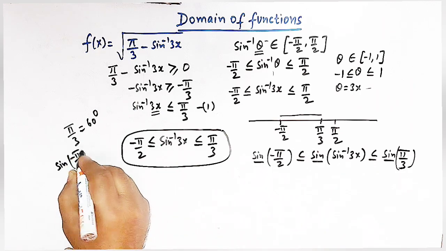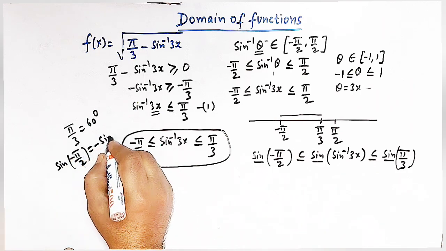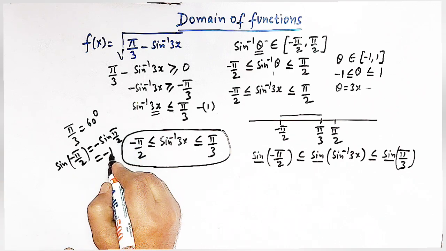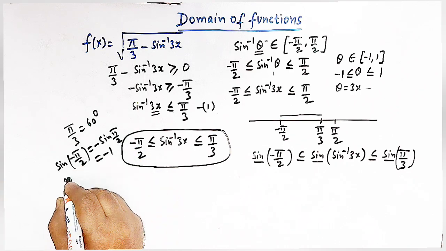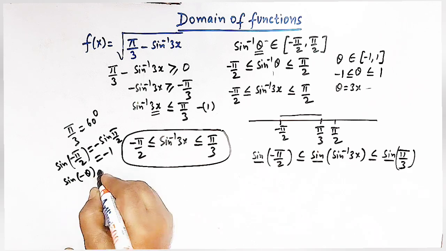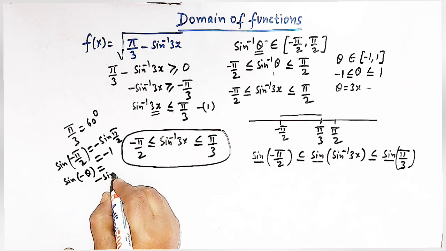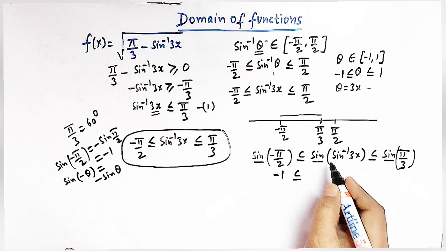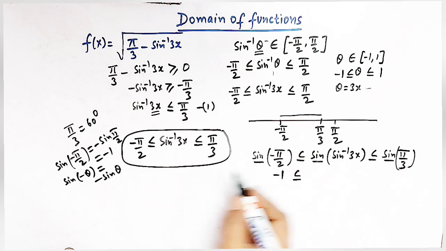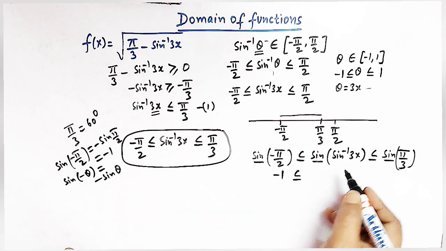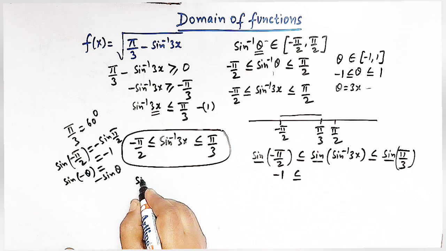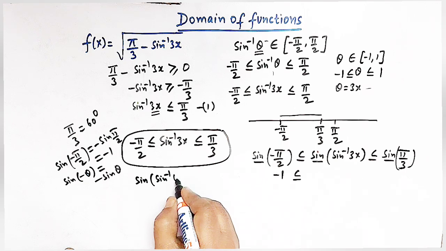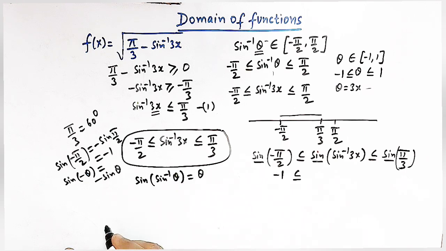Sine of minus pi by 2 is minus sine pi by 2, that is minus 1, since sine 90 is 1, and here we have used the result that sine of minus theta is equal to minus sine theta. So here we have minus 1, and from inverse trigonometric functions we have the property that sine of sine inverse theta is equal to theta.